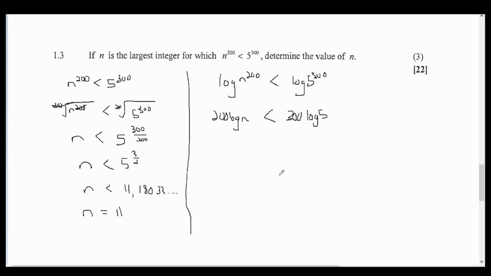We then want to get n by itself. We want to make it the subject of the formula. We divide both sides by 200 and then undo our log. But let's just take it a little step by step. So it becomes log n is less than 300 log 5 all divided by 200.